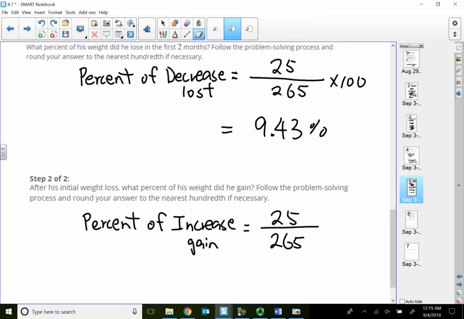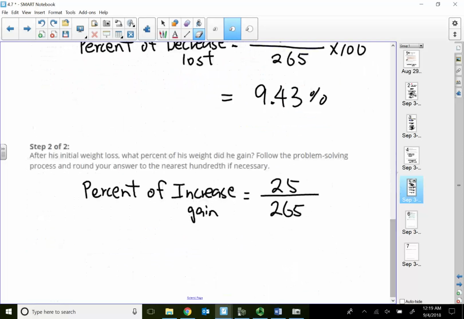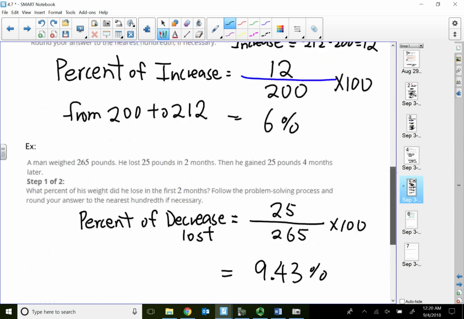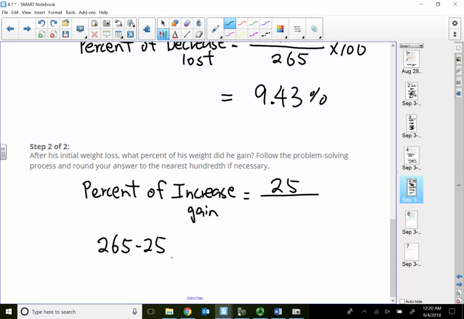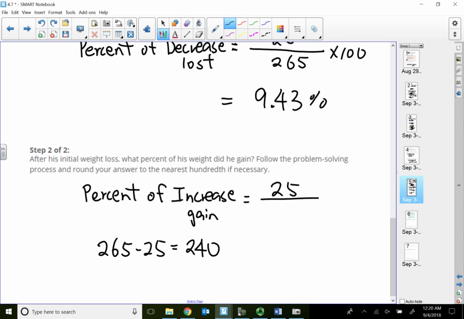Remember, the person already lost 25 pounds in the first 2 months. So he gained another 25 pounds divided by where he gained from. Where he gained from was 265 minus 25, which means after he lost the 25 pounds, he was weighing 240 pounds. Then from 240, he gained back to 265 because he gained another 25 pounds back.